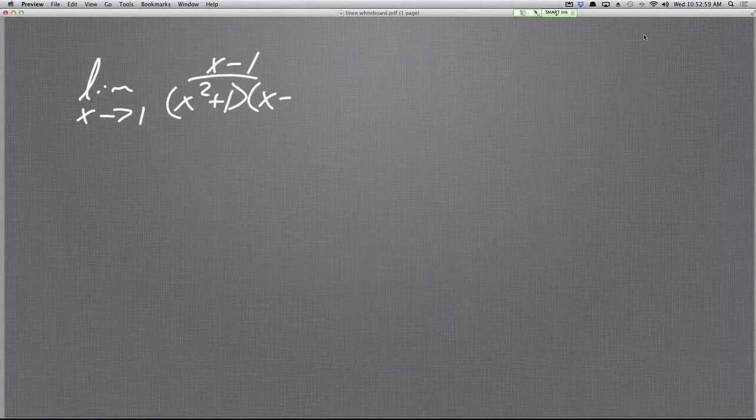Limit as x approaches 1, of something over x minus 1. Alright.